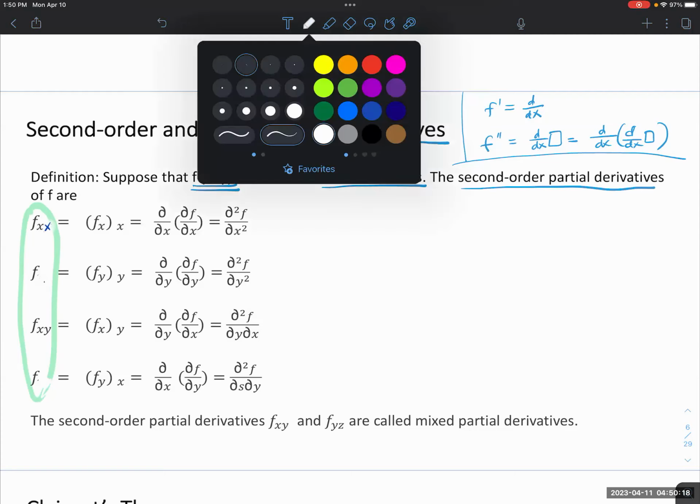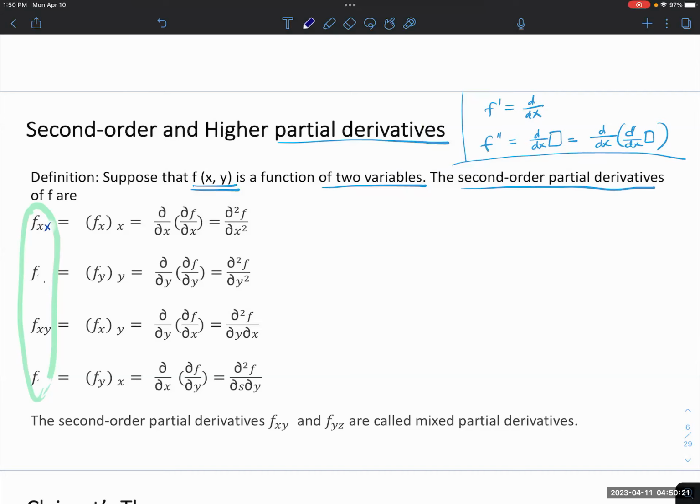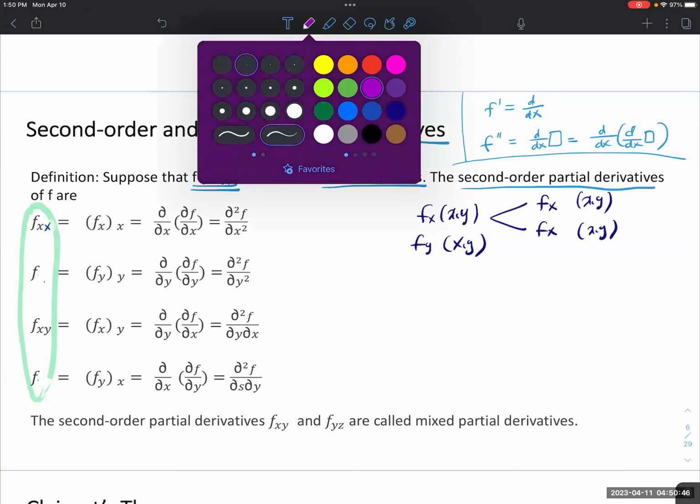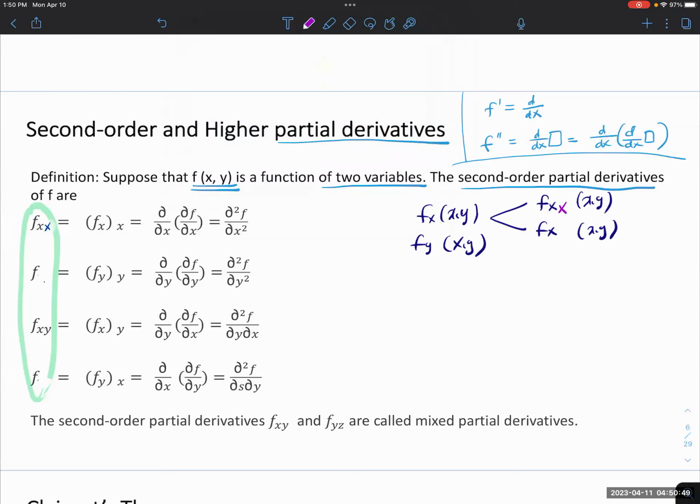So we have 4 cases because we are taking a double partial derivative. So far we did f sub x and f sub y. But if you have to take one more differentiation, watch me. This one has 2 possibilities: f sub x, then you can take the x differentiation one more time, or you can take the derivative with respect to y one more time. So from here, you have 2 possible outcomes, like a tree.